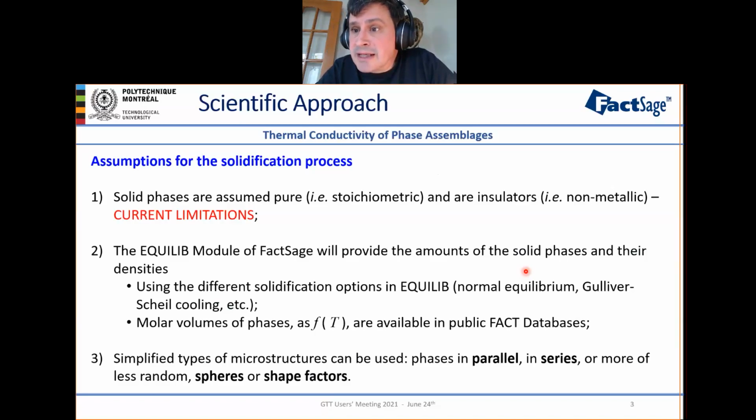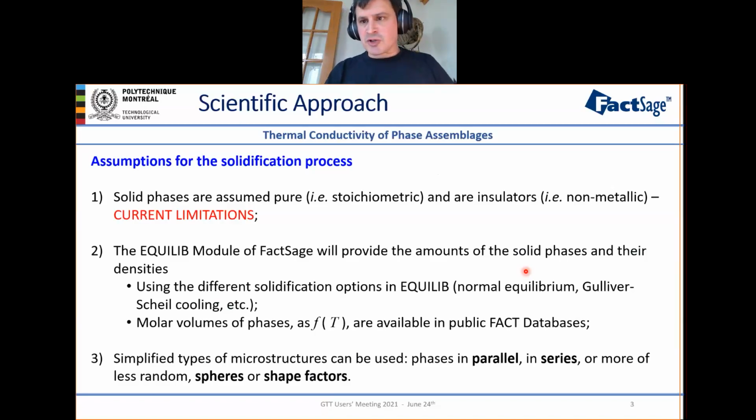And we assume that the Equilibre module of FactSage, with the proper databases, will provide a very good estimate of the volumetric fractions of the phases. This is their mass distribution at equilibrium and their volumetric properties, giving the volumetric fractions. These calculations with Equilibre can be done under normal equilibrium mode or Gulliver-Scheil cooling, for example.